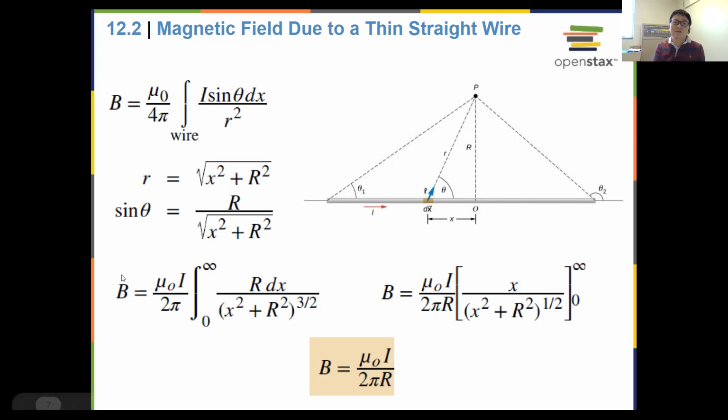So you get twice the integration from 0 to infinity. Substituting everything, these two into the first equation, you get that. Integrating from minus infinity to positive infinity means twice from just 0 to infinity, so the 4 down here becomes 2. All right, so this will be what you have.